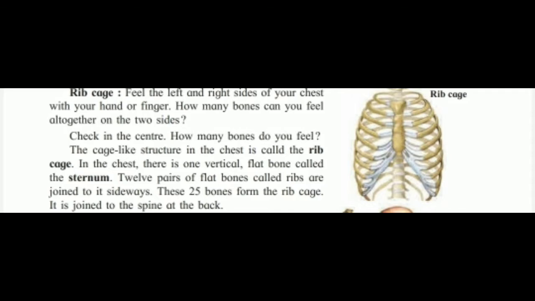So the rib cage protects the delicate organs of respiratory system. There are two lungs situated at right side and left side. While the heart belongs to circulatory system and it is situated between the two lungs. This heart is slightly inclined to the left side.